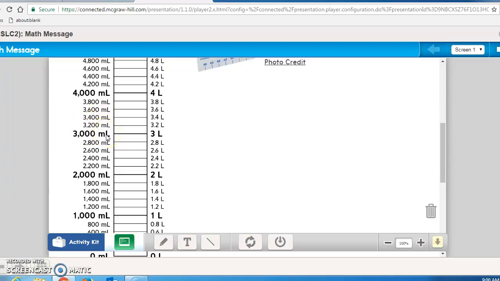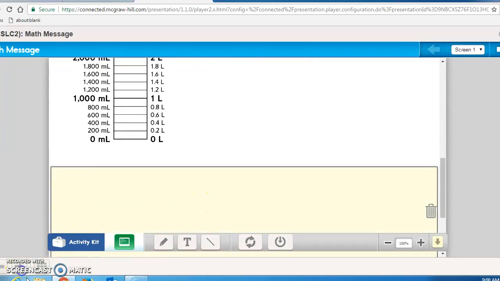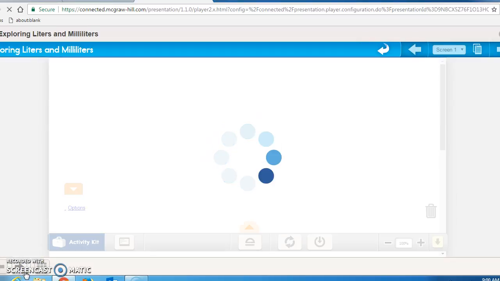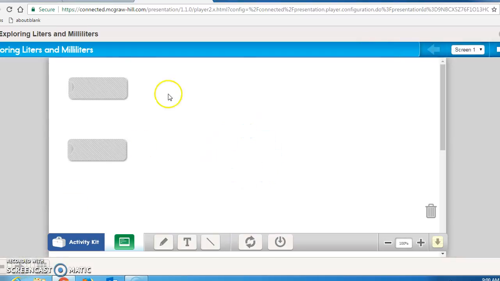Hopefully you're seeing the pattern now that all you need to do is multiply the liter number that they give you by 1,000 to get how many milliliters it is. That is what you do when you are converting liters to milliliters.